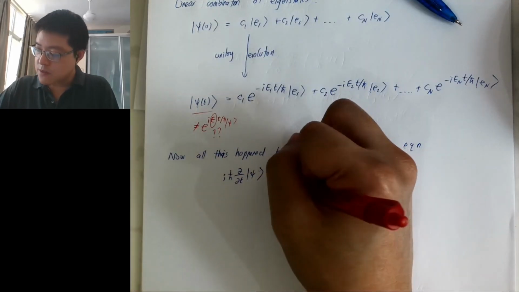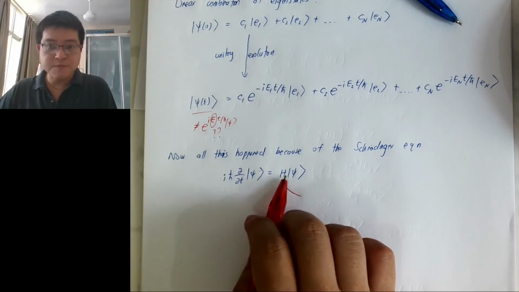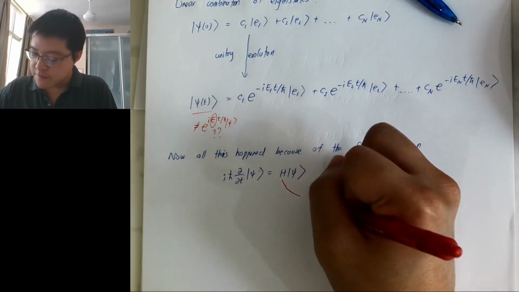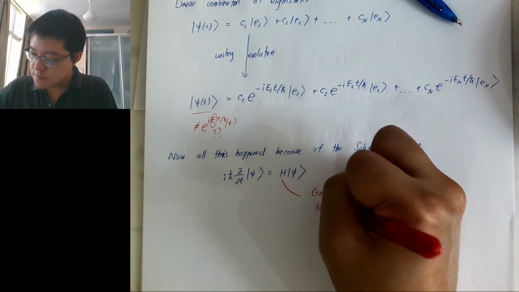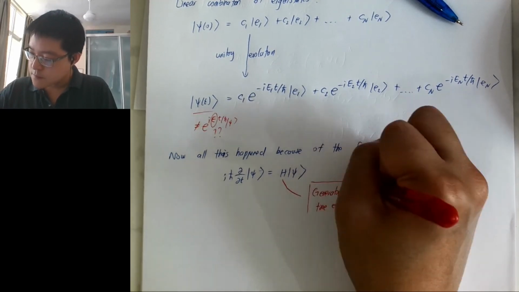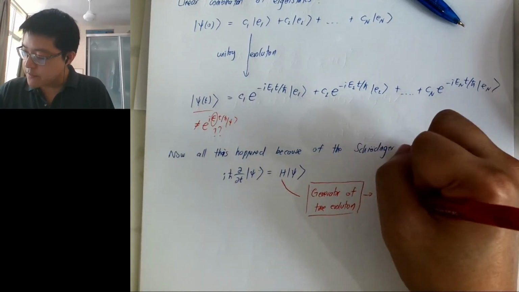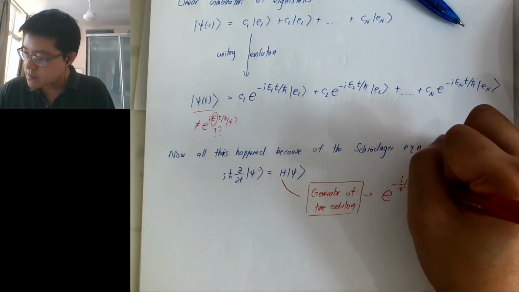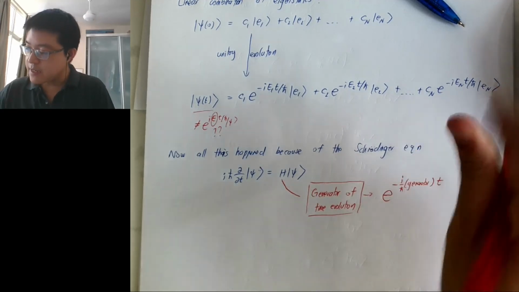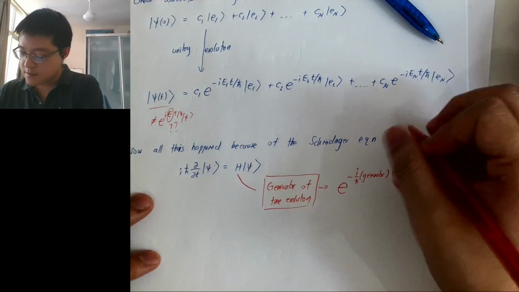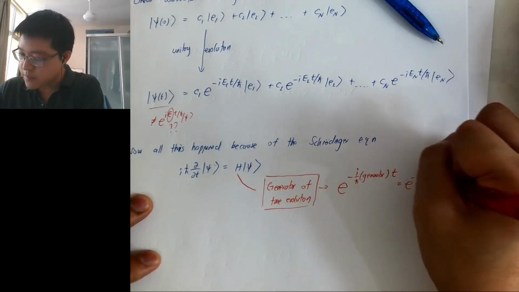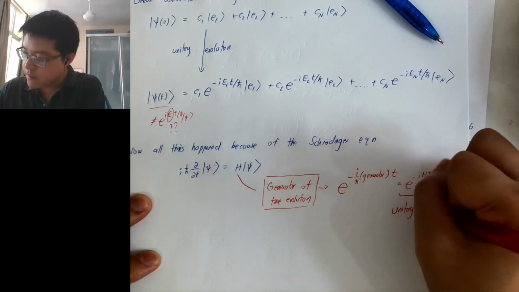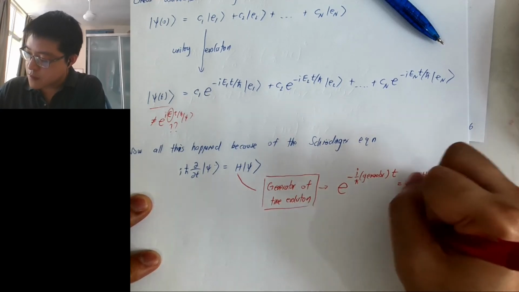And so this is why the Hamiltonian part is special. This part is what we call the generator of time evolution. H is the generator, and from the generator you can construct minus i over h bar times the generator, and then for any scalar constant t, you just get minus iHt over h bar, and this will give me your unitary evolution operator.